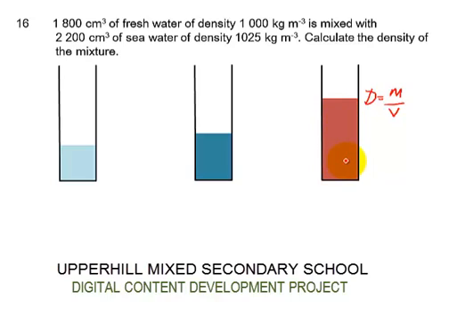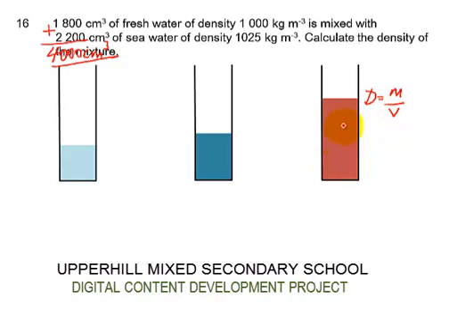We have 1,800 centimeters cubed of fresh water mixed with 2,200 centimeters cubed of seawater. So we can get the volume of the mixture because the volume of the mixture is the sum of this volume here and this volume here. So we can add these two in order to get the volume of the mixture, and it will give us 4,000 centimeters cubed.